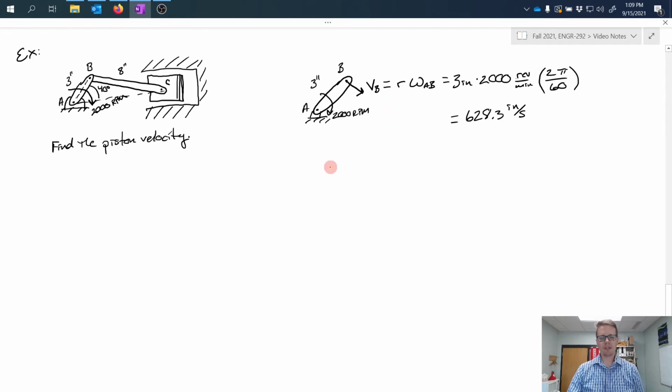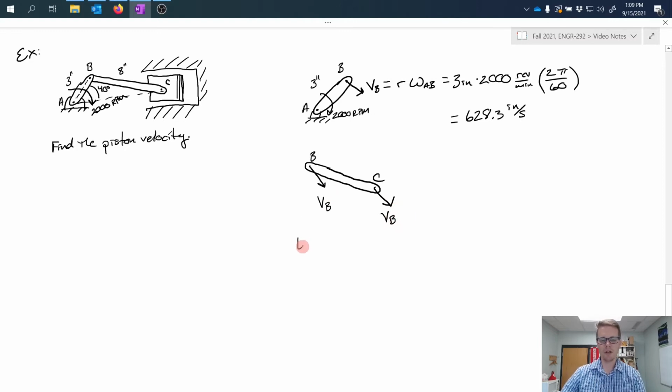So if I break this down, I'm going to separate out the connecting rod BC, and I know that point B has a velocity VB, like that. Because I'm forgetting about the rotation at this point and just focusing on the translation, I'm going to apply VB to point C as well.